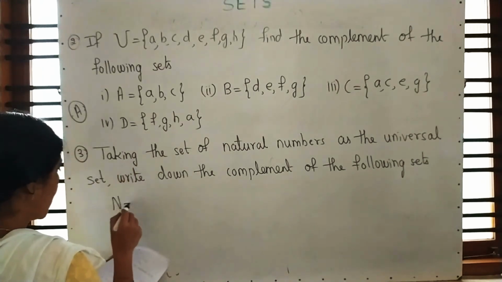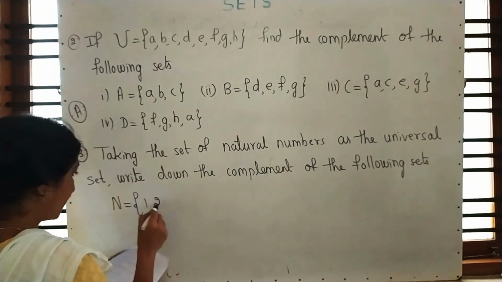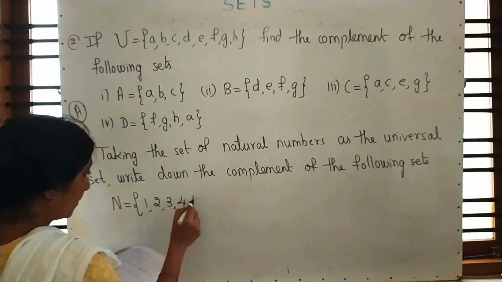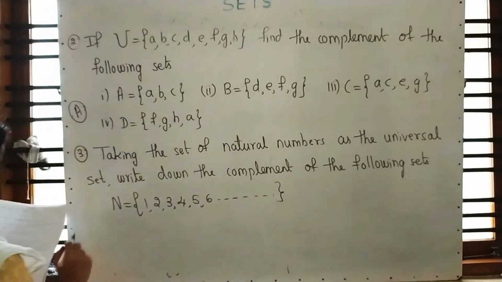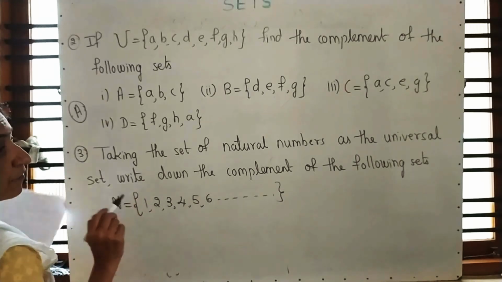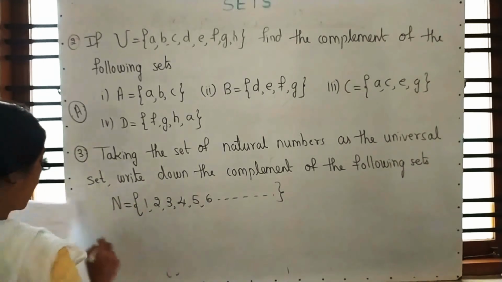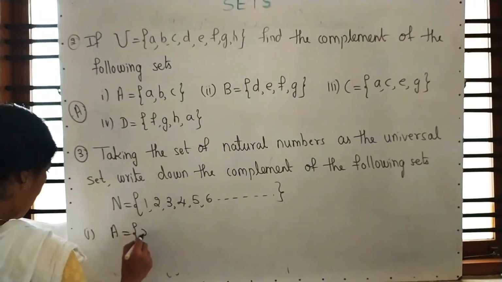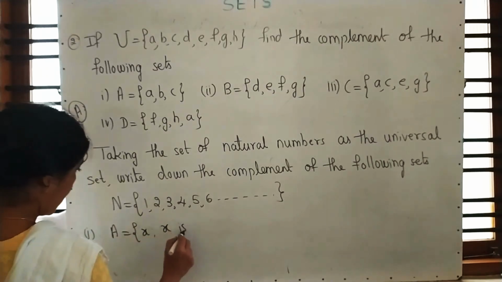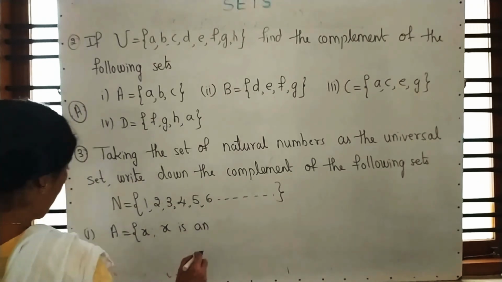The universal set is the set of natural numbers. There is no end. This is the set of natural numbers. Here in this problem we are considering this as a universal set. The first question, A: x such that x is an even natural number.